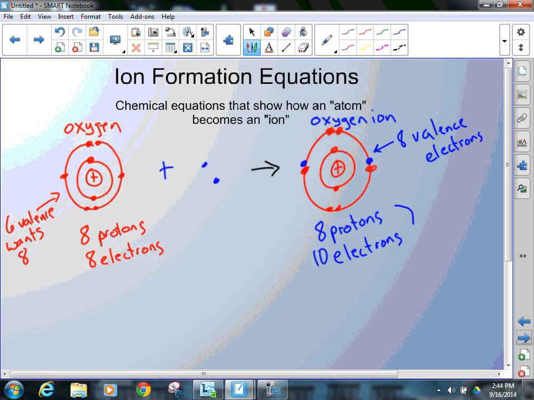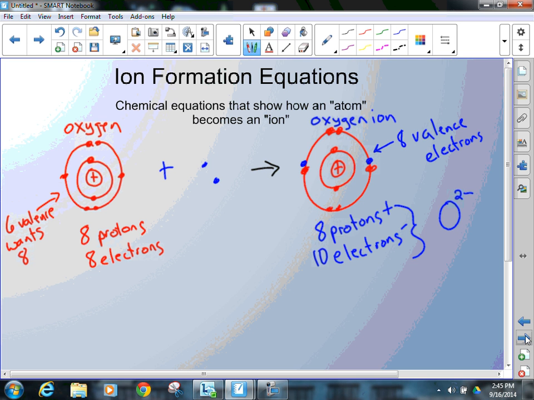Remember the protons are positive charges and the electrons are negative. So now we have 8 positives and 10 negatives. So we would give this a symbol for oxygen of O2-, meaning this up here in the upper right corner is its charge. It has 2 more negative charges than positives. So we say it's an O2-, or oxide ion.